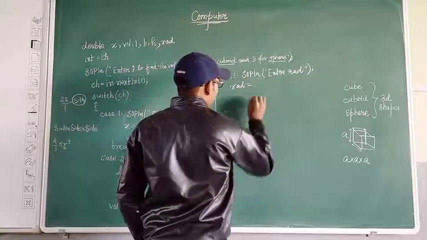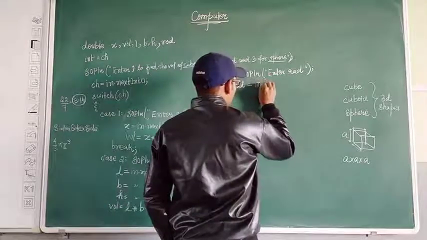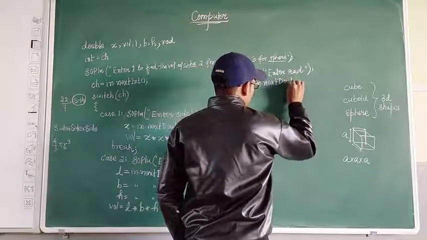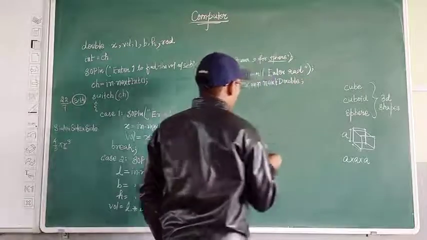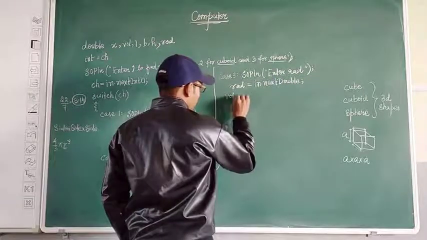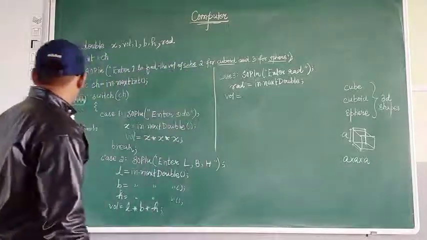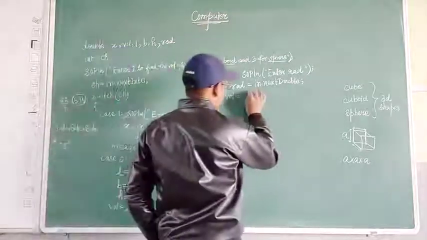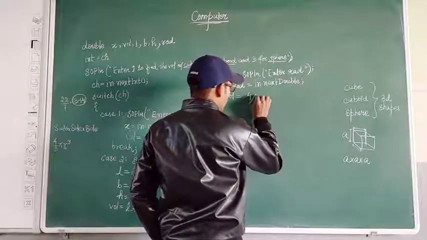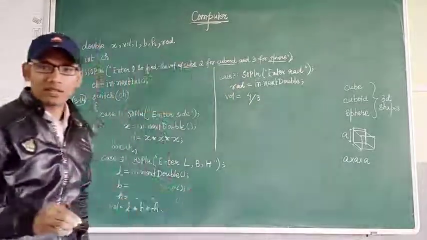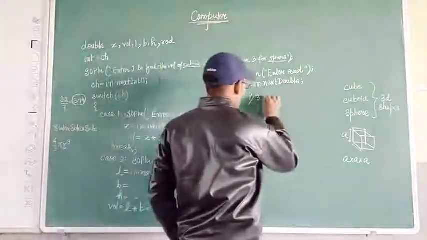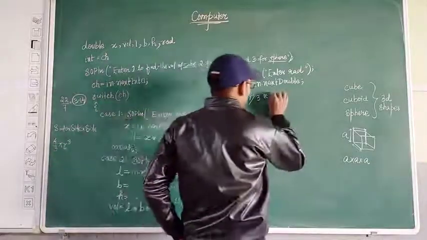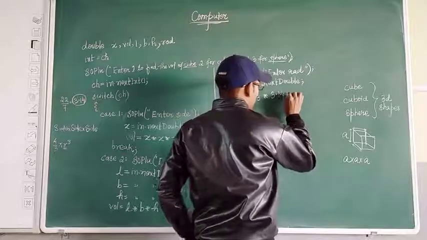RAD is equal to in.next double, and vol is equal to how much? 4 by 3, that means 4 upon 3, after that asterisk pi, that means 3.14.